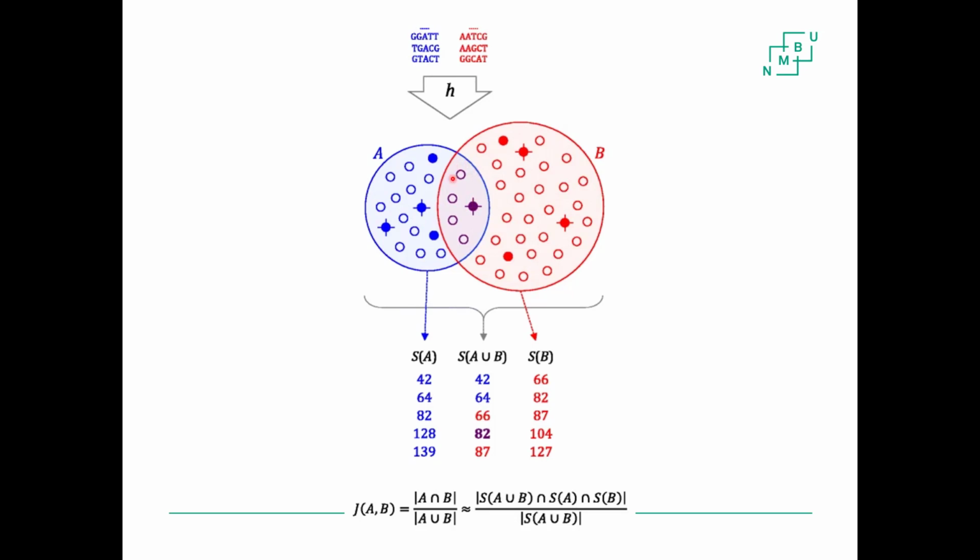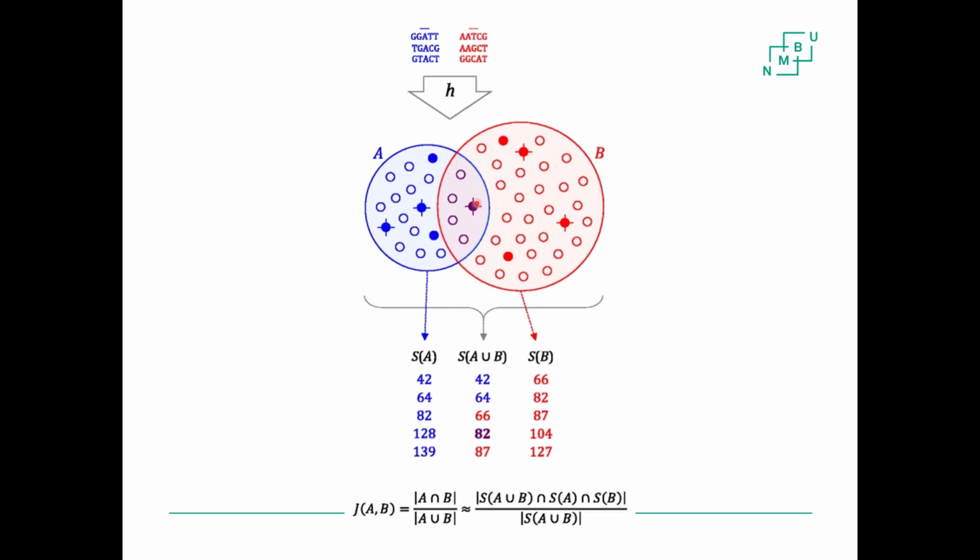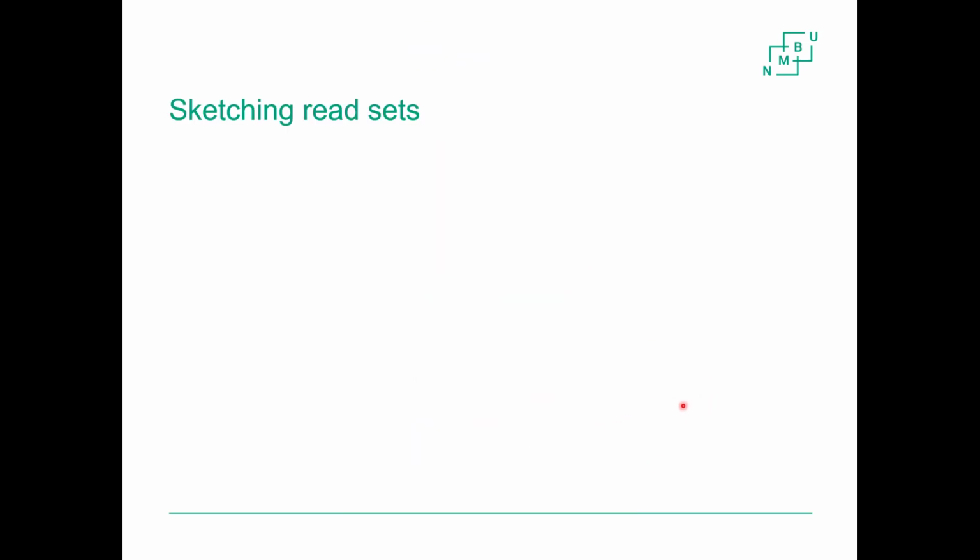And you can see that if we had collected all the k-mers, of course, this drawing is made sort of perfect, so if you collected all the k-mers in the intersection here, you will see that this is also 1 out of these 5, right? So this is how the Jaccard index is approximated.